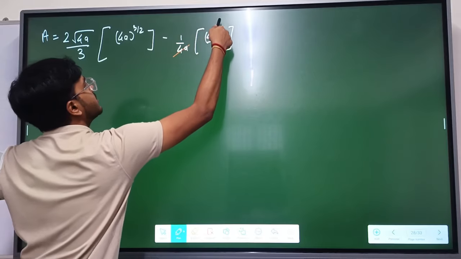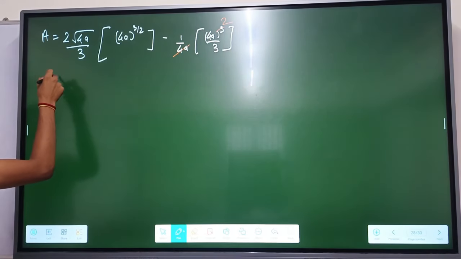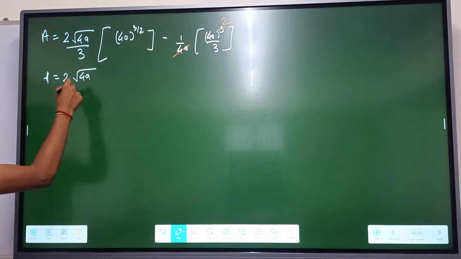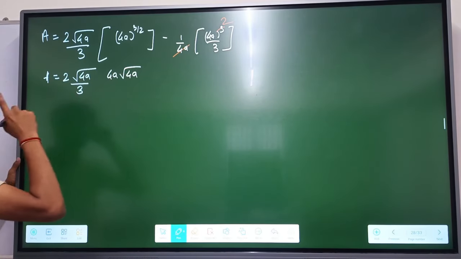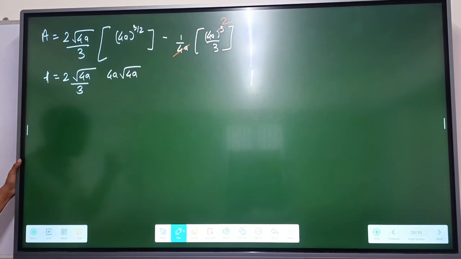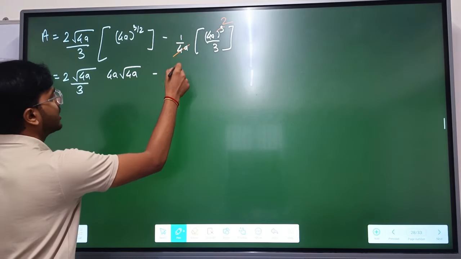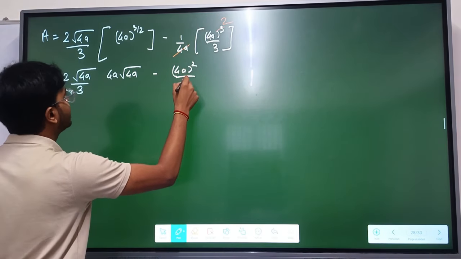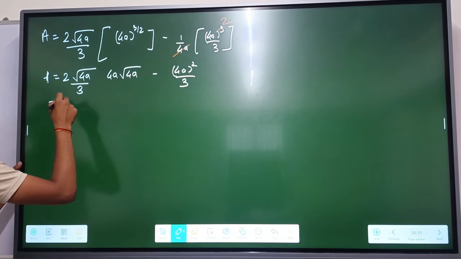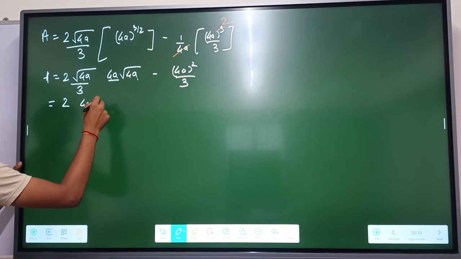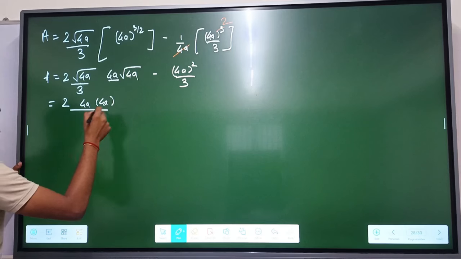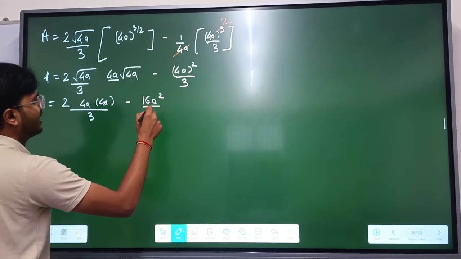So 4a, this becomes whole square. So area would be 2 root 4a by 3, 4a power 3 by 2 would be 4a root 4a. So 4a whole root 4a whole square, 4a, minus (4a) square by 3. So this will be 2 into 4a root 4a, again 4a, divided by 3, minus 16a square by 3.